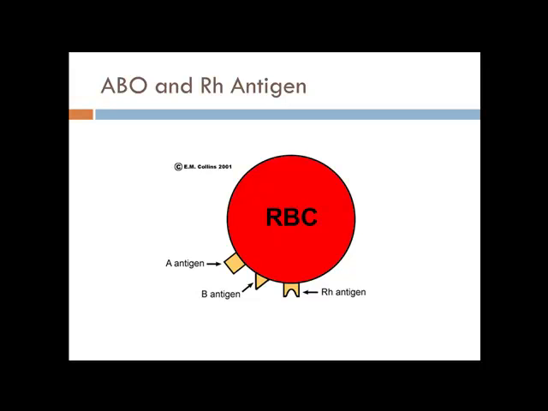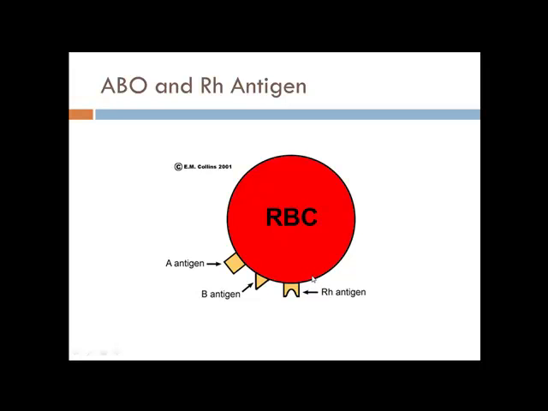Type A blood means that you have an A antigen on the surface. Type B blood would mean you have a B antigen on the surface. Type AB blood would mean you have an A antigen and a B antigen on the surface. And type O blood would mean there's no A or B antigen on the surface. All these antigens are just markers to identify to your body that this is this type of cell: I'm a blood cell, I'm type A blood.